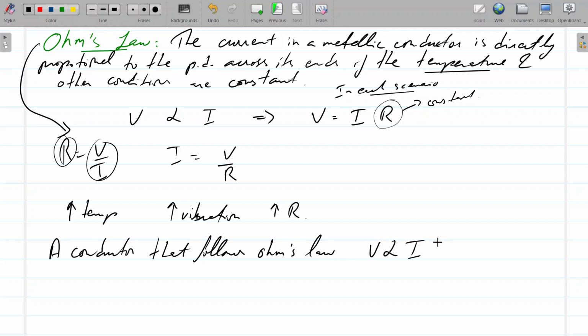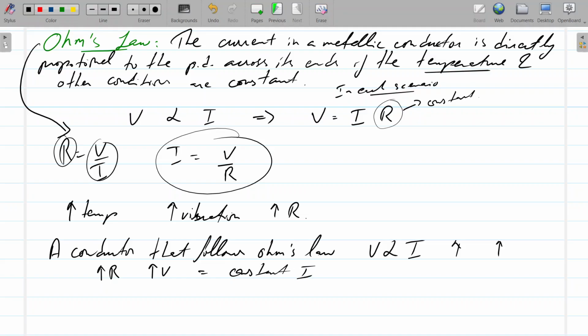V is directly proportional to I. So if you increase the voltage, you are increasing the current, right? And you always have the same resistance. But in case of an increase in temperature where the resistance is increasing, right? You take this, and you increase the voltage as well. And so you're going to get a constant current.